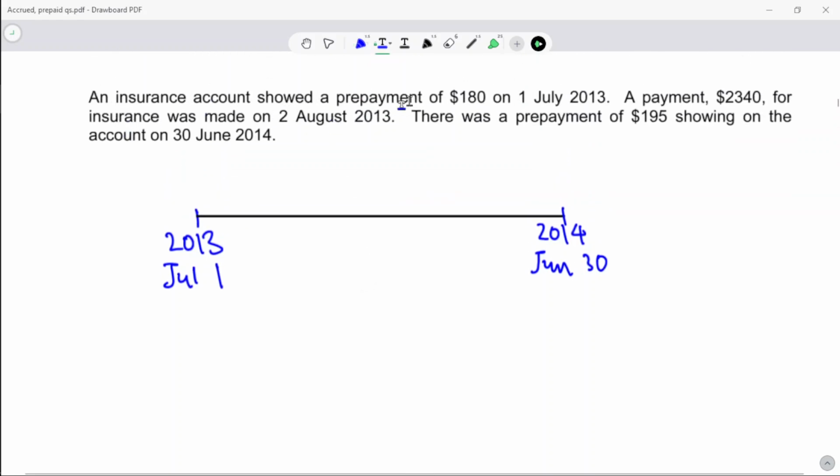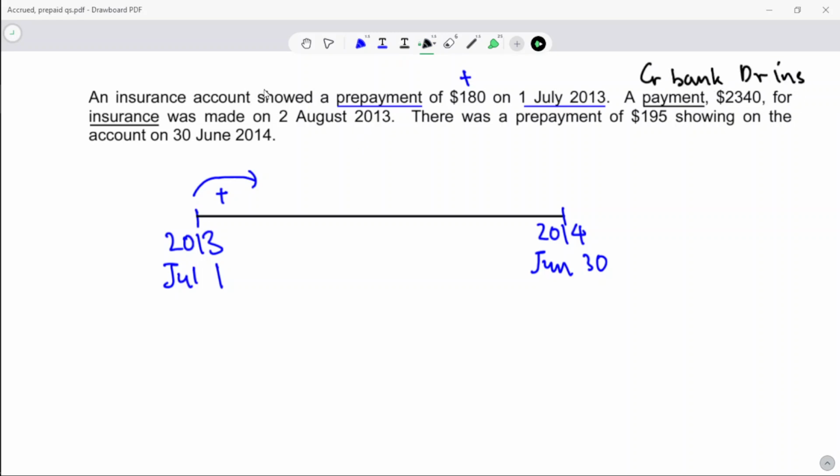Then let's see the question. It says fee payment 1 July. 1 July prepaid to the right, within the line, plus. Then he says payment for the insurance, so credit bank and debit insurance.